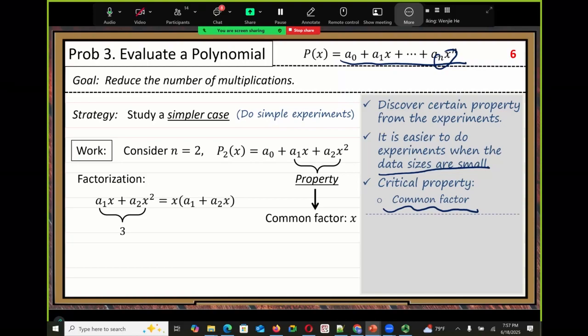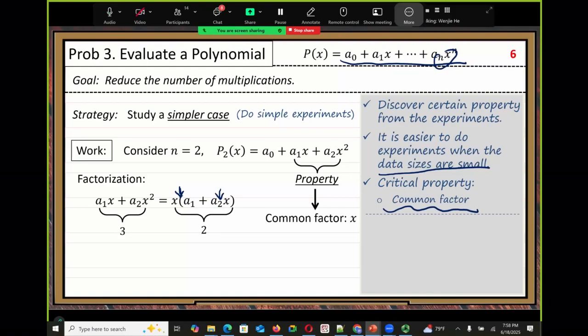But when you count the number of multiplications in the right-hand side, you only have 2 multiplications, because x times the parenthesis is 1 multiplication, and a2 times x is another multiplication. So the number is different: 3 versus 2. And with 2, we get improvement.